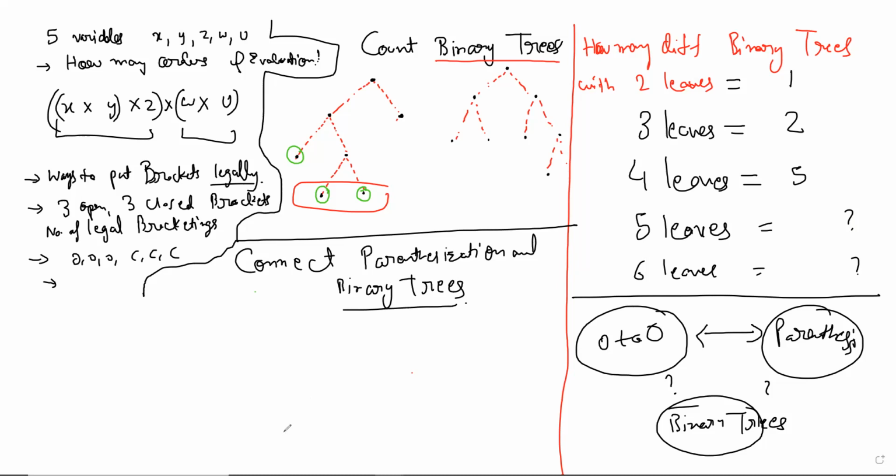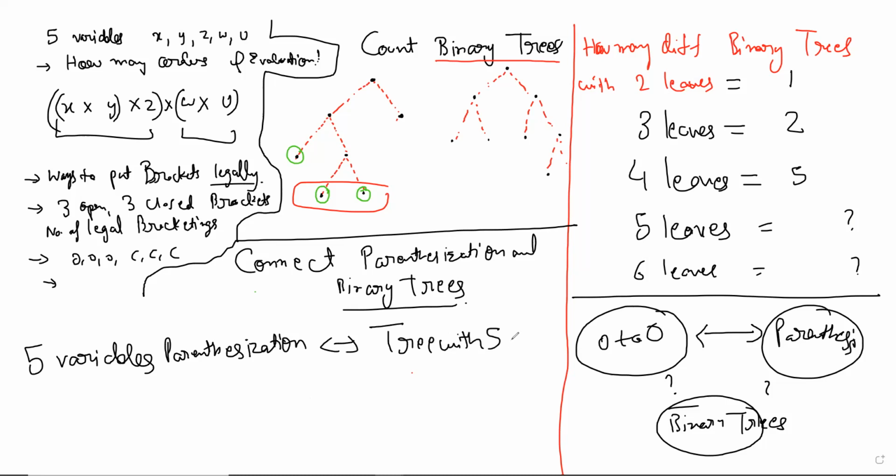We want to show that, let's say, 5 variable parenthesization, meaning 3 pairs of parentheses, is the same as a tree with 5 leaves, and so on. N variable parenthesization is a tree with n leaves.